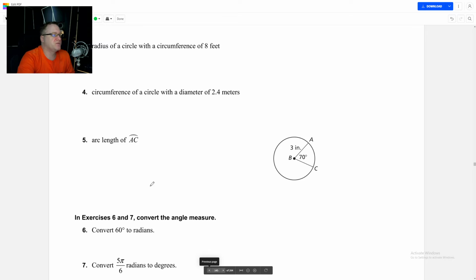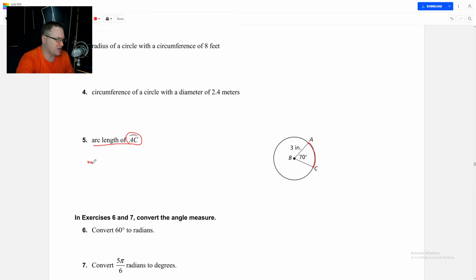All right, so here it says we want to find the arc length of AC. So we want to find this distance from A to C, the arc length. Well, we're going to use the formula that we just learned. What was the formula?